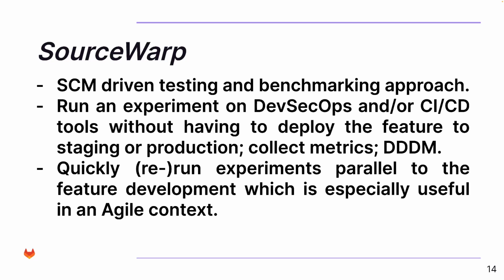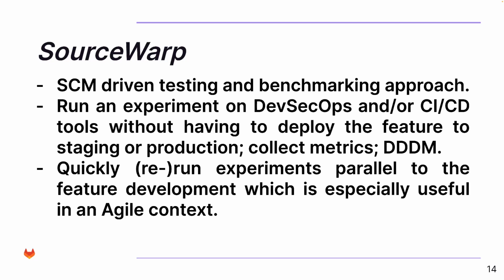So that was the reason why we came up with the SourceWarp approach. SourceWarp is an SCM-driven testing and benchmarking approach. You can run an experiment on a DevSecOps platform or a CI/CD tool without having to deploy the feature to staging or production.